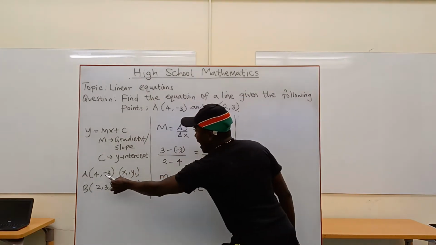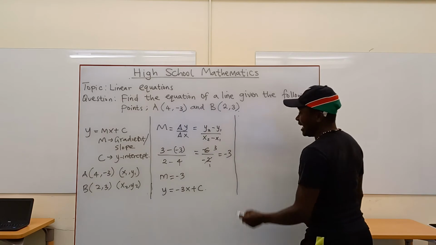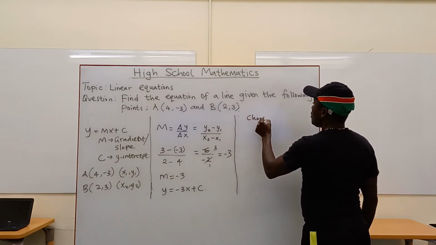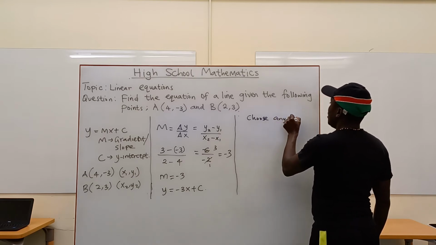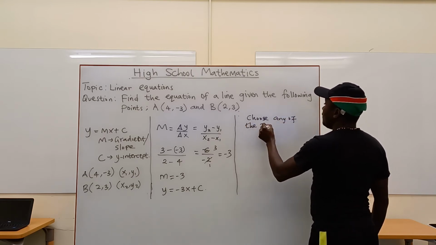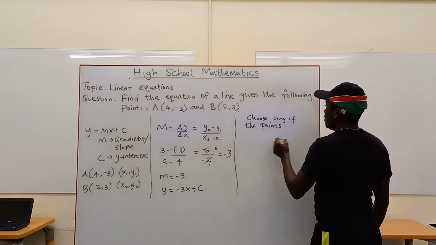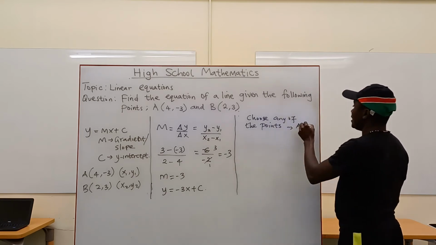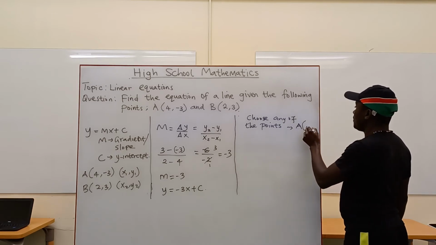Point A has the values 4 and negative 3.